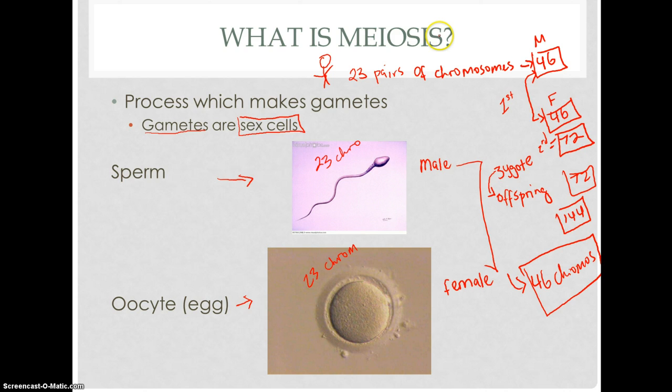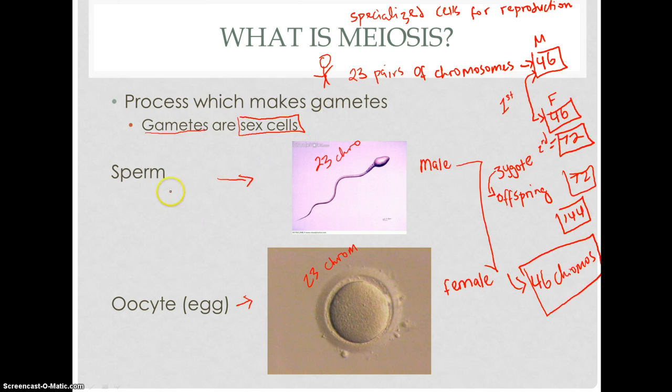So a process known as meiosis occurs, which creates specialized cells for reproduction, which have half the number of chromosomes.